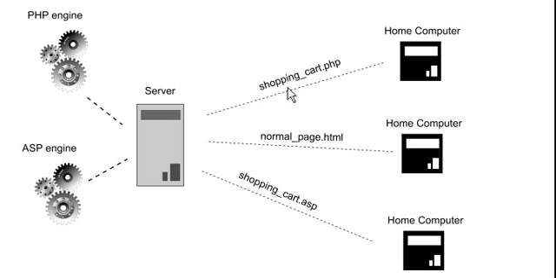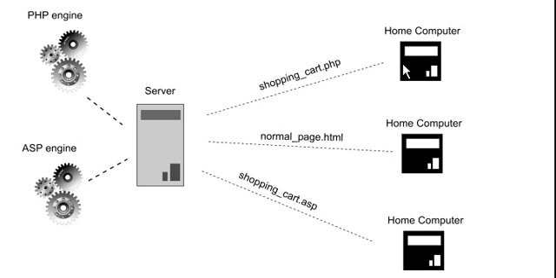Whereas the PHP code, because it's server-side code, is processed on the server in the PHP engine before it gets sent to the client computer. I use home computer to make it easier for you to understand, but of course a client computer can be a computer at home, it could be a computer at an office, it could be any computer that's making requests for pages from a server.